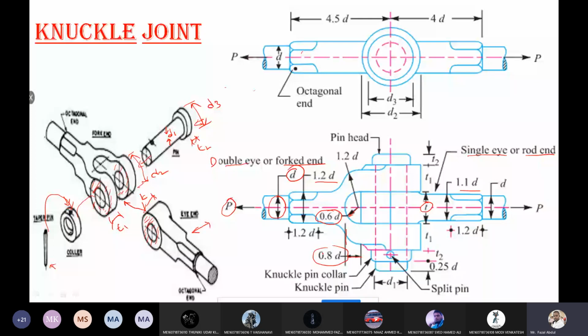So these are all things you have to remember. And the length of the fork end is 4.5 d, and the length of the single eye rod is 4 d. So all these dimensions we need to calculate.